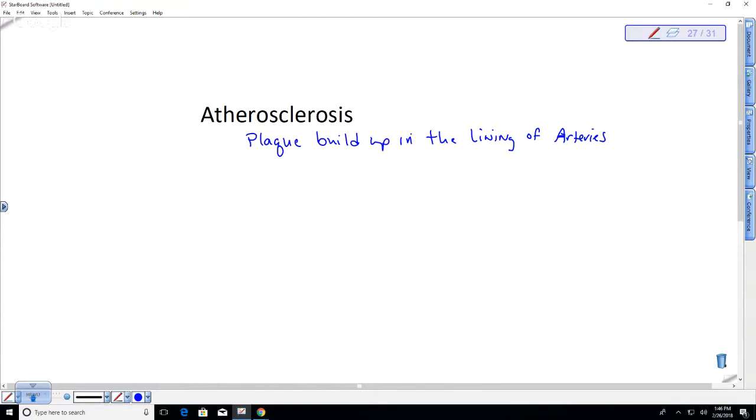So the plaque buildup is atherosclerosis. And what this does is this decreases the diameter of the blood vessel. Right? So it increases the pressure. So it can actually lead to a cerebral accident, like for example in the brain, where the blood vessel will rupture. So it can lead to a rupturing of the blood vessel.